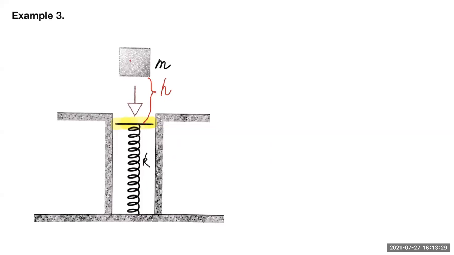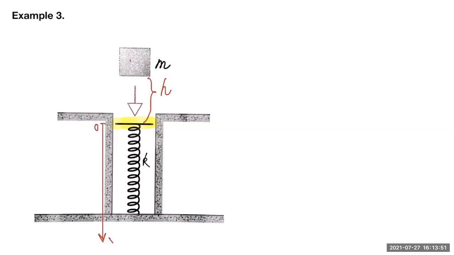Since this board is massless, it doesn't compress the spring at all. The spring is at its natural length. We can call this x equal to 0. So let me establish a coordinate system starting from this position, going, say, downwards. That's x equal to 0.